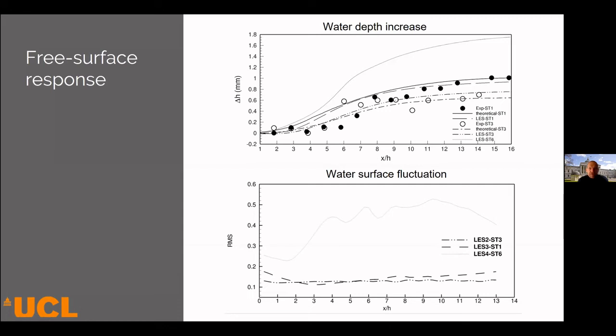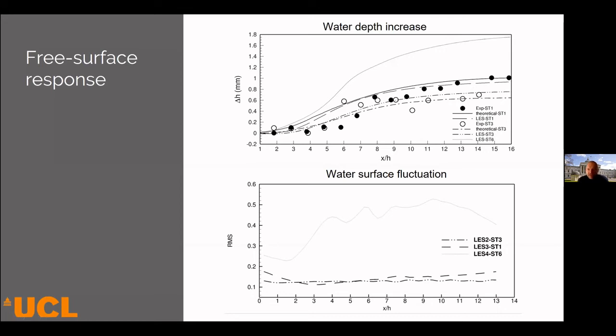And when we look at the surface fluctuations, we can clearly again see the LES4, the shallowest case, has the highest RMS. And so we continue to investigate that case.